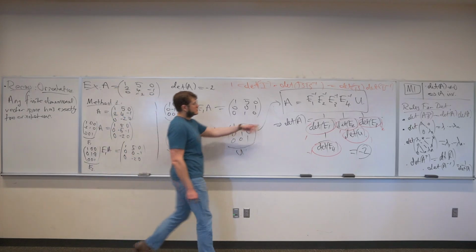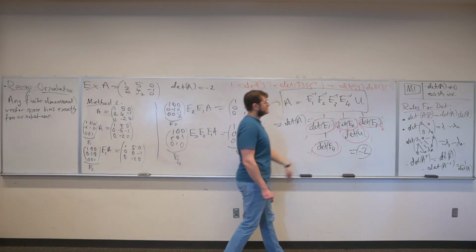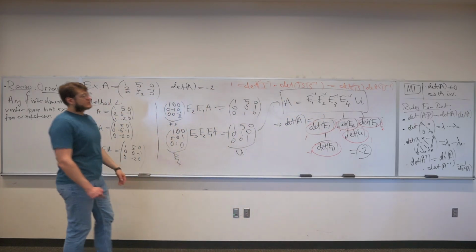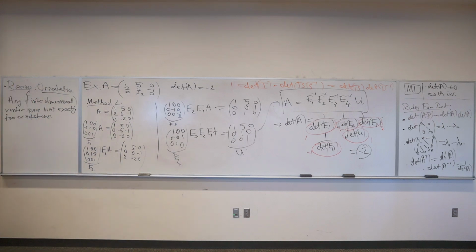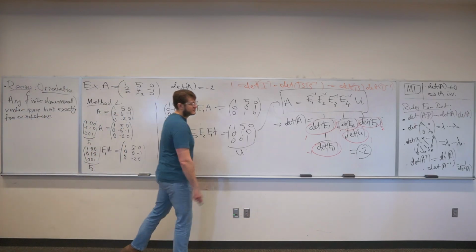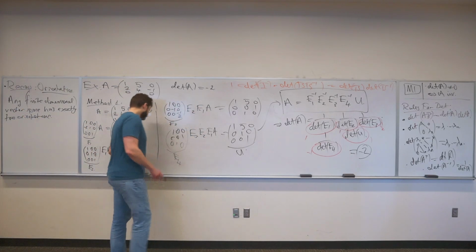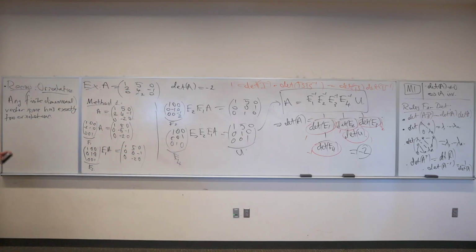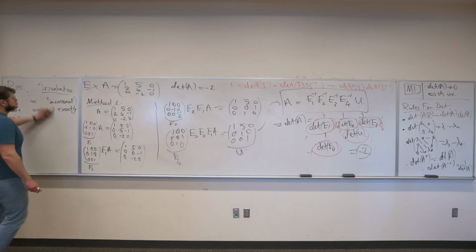Instead of first factorizing A into a bunch of matrices like this, you can just keep track of what sort of operations you're doing, and based on that, adjust your determinants. Okay? So this is method 1. I'll do method 2, using the exact same row operations, because we know there are multiple different ways of row reducing. I'm just going to use the same ones to see how one can sort of shortcut.